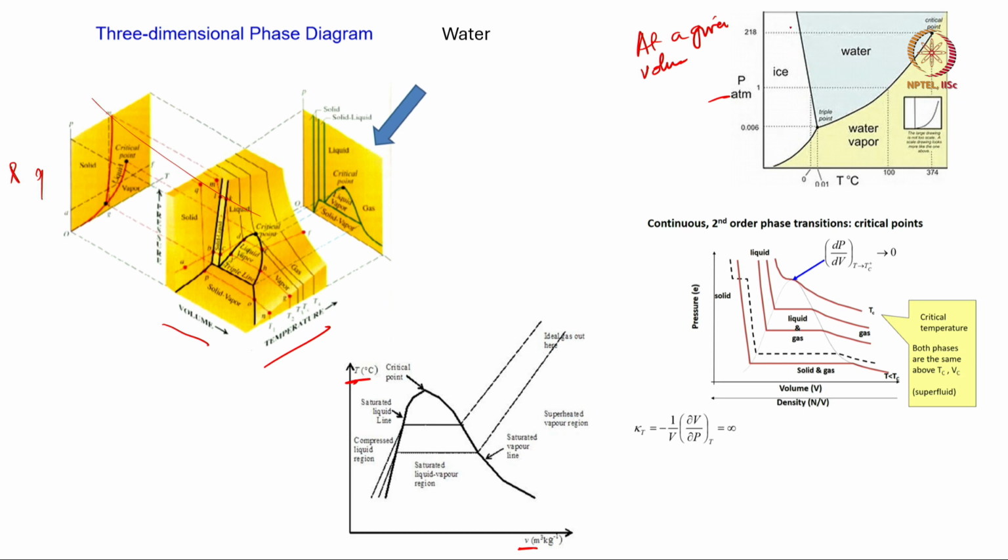That phase diagram is here. I have ice and water vapor, and they all coexist at what is called a triple point. There is also something called a critical point, which tells me the transition between water and water vapor. This is like polarization up being one phase and polarization down another phase, in the analogy of ferroelectrics.